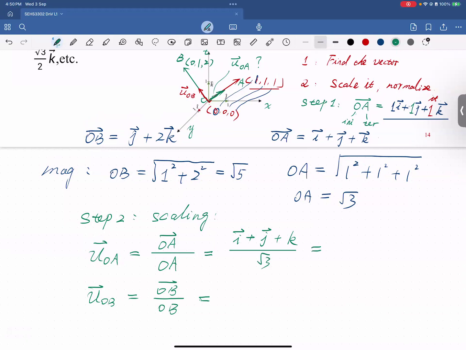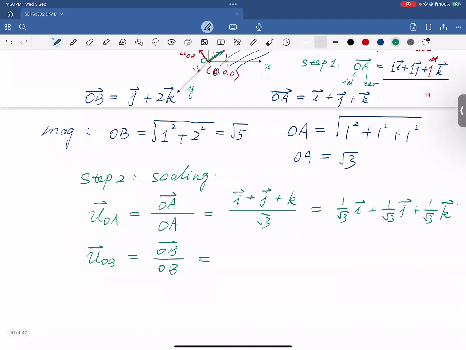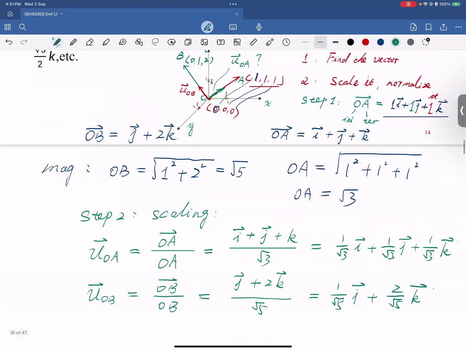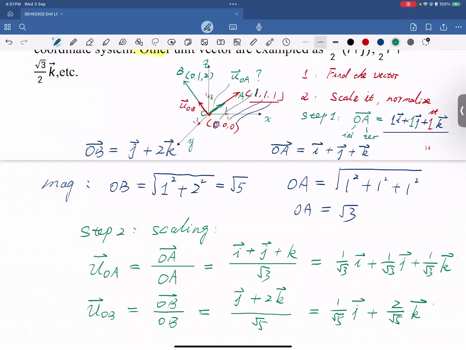So finally, you got a unit vector, which is 1 over root 3 I plus 1 over root 3 J plus 1 over root 3 K. And for OB, it is J plus 2K over root 5, which is 1 over root 5 J plus 2 over root 5 K. So for any vector, you can find its unit vector.